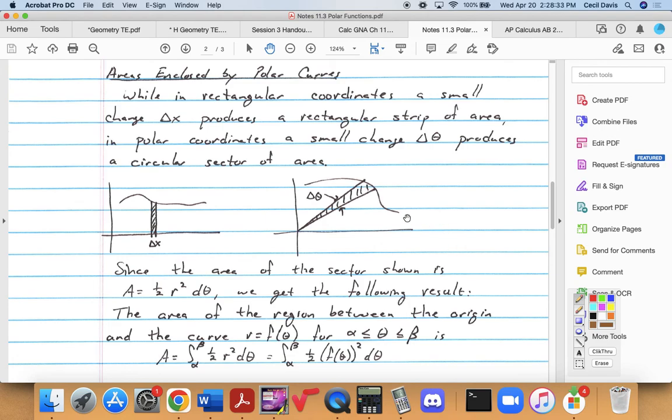Every one of our slices, instead of being vertical, is going to be radial. They'll come from the origin outwards. Which is the whole deal with polar to begin with. You do everything radially. You do nothing rectilinearly.